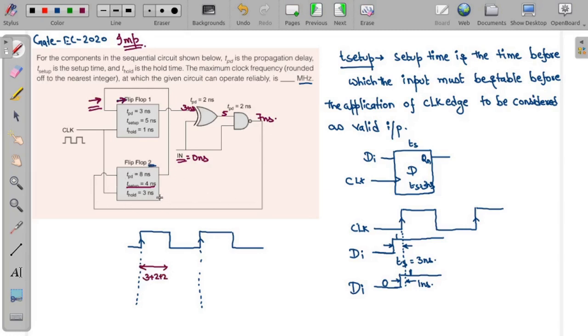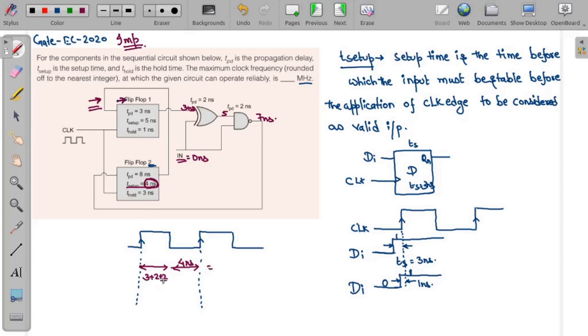But remember, the setup time is given as 4 nanoseconds. So the input to this flip flop should be stable 4 nanoseconds before the next active clock edge, which is the output of flip flop number 1. So in total how much time am I taking?